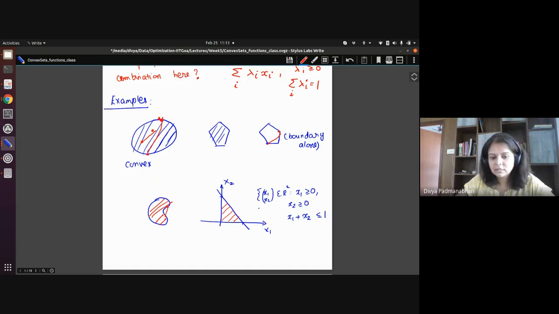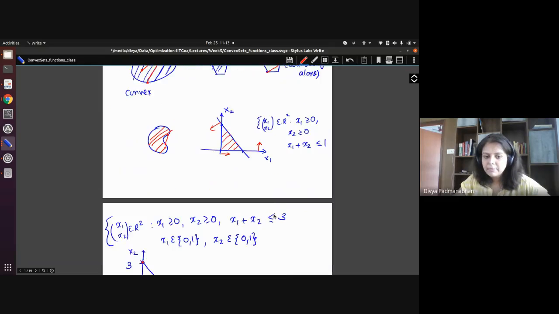So that is this region that I've shown here, because x1 greater than 0 is this region, x2 greater than 0 is this region, and x1 plus x2 less than or equal to 1 is the region to this side of this line. Something which simultaneously satisfies all this is this shaded part here, and this is also convex. So these are some examples.